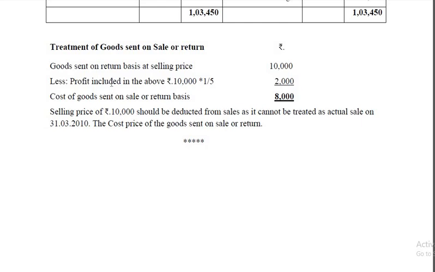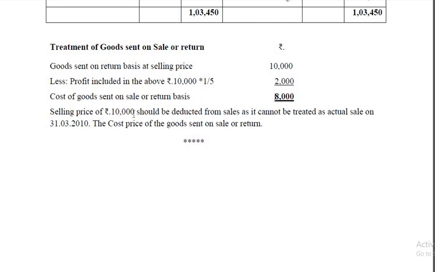Look at the treatment of goods sent on sale or return basis. Goods sent on sale or return basis, selling price 10,000. Profit included in the above 10,000, that is 1/5, that is 20%. That comes to 2,000. So cost of goods sent on sale or return basis is 8,000.